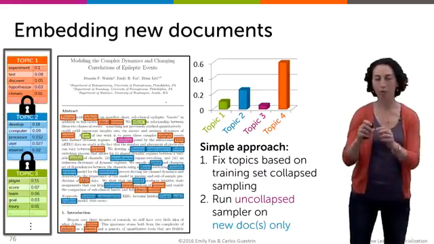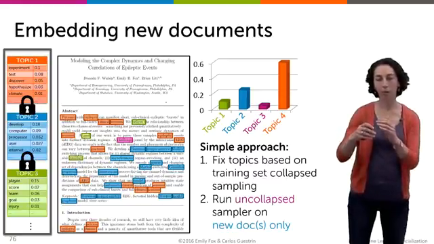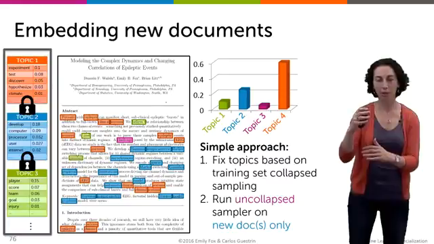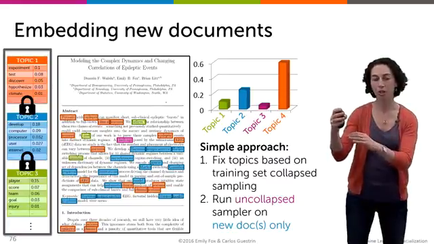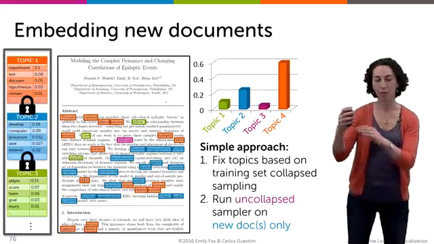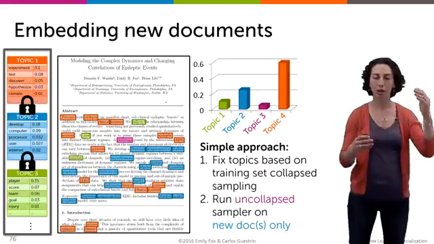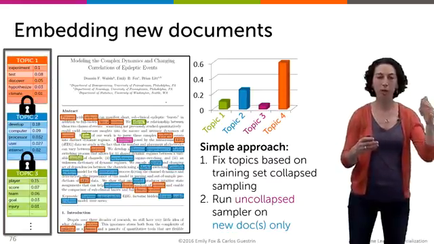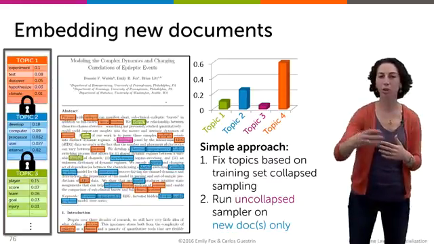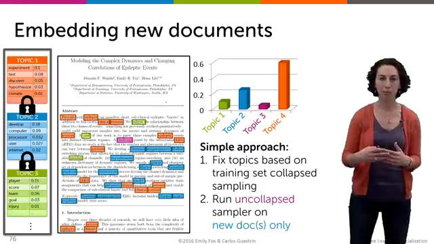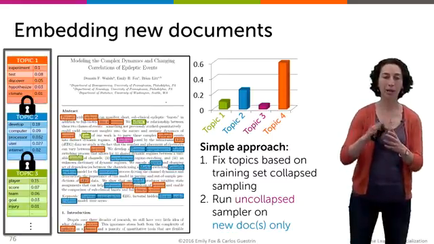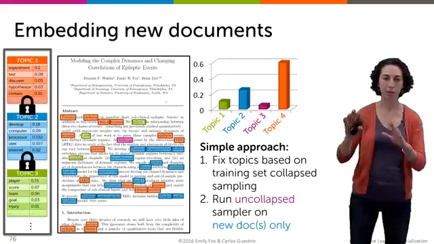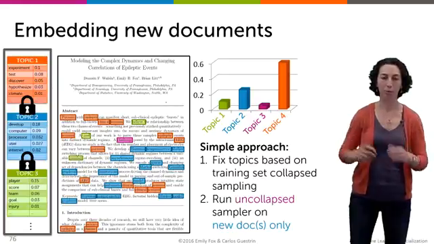Because remember, to form our word assignments in a given document and the topic proportions in that document, we only need to condition on the topic vocabulary distributions, not the other documents in the corpus. So we can actually embed each one of these new documents in parallel using this type of procedure.